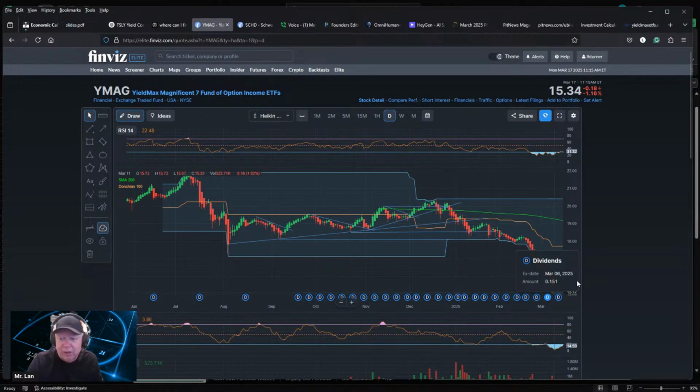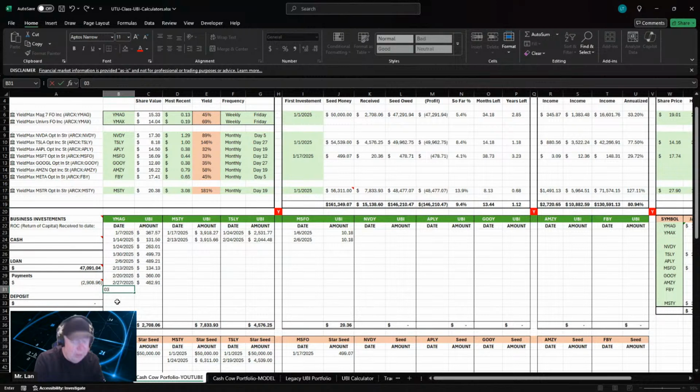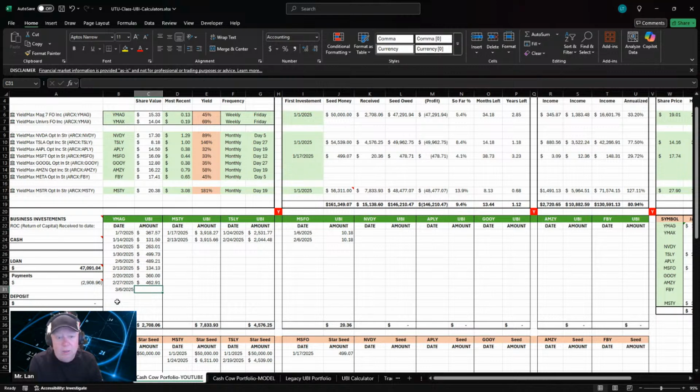So bring up our calculator. How many shares do we have? 0.151. We got 15 cents times how many shares? Oh, wait, what was the date? March 6th. Okay. March 06 2025. And we have how many shares of this YMAG stuff?